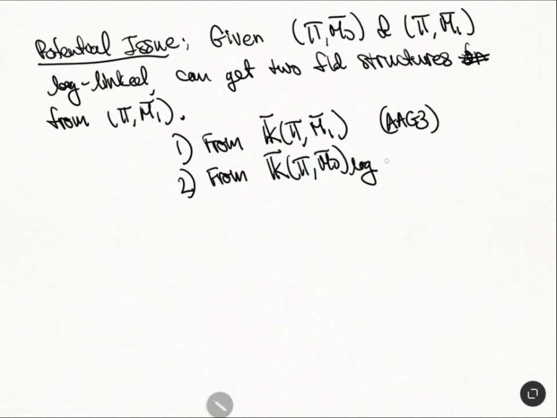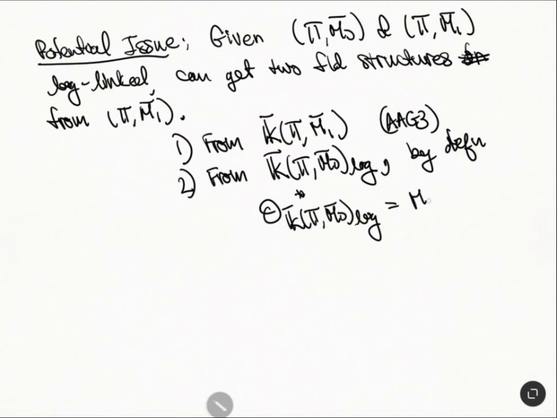So by definition, O of k pi m0 bar log star is equal to m1. So this is what we had. Okay, so these are the two things that we have.